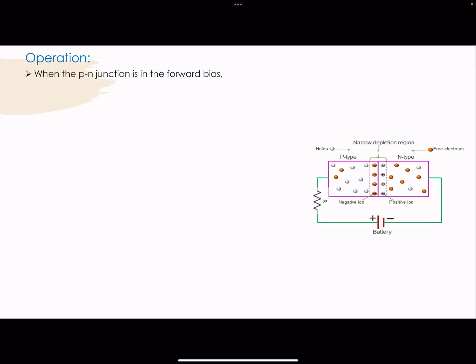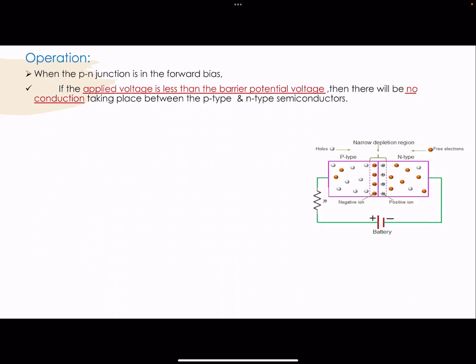When the PN junction diode is in the forward bias condition, then if the applied voltage is less than the barrier potential voltage, then there will be no conduction taking place between the P-type and the N-type semiconductors. So if you see here, this is the forward biased PN junction diode in which the positive terminal of the battery is connected to the P-type semiconductor, whereas the negative terminal of the battery is connected to the N-type semiconductor, and this is the current limiting resistor.